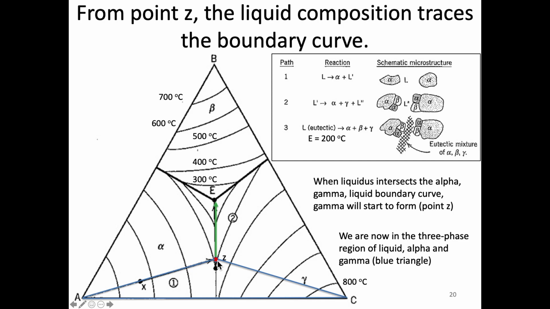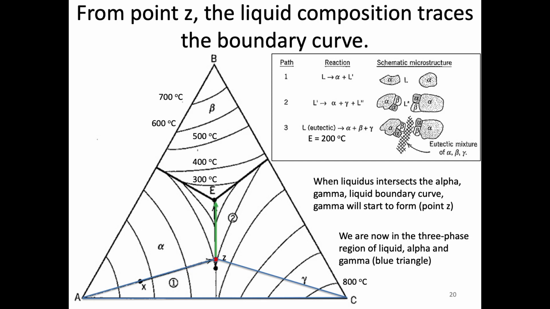Since we have liquid phase represented by Z, and then alpha, and then gamma represented by A and C. So that is basically our triangle for determining those 3 phases, starting at this point. But again, if we wanted to know it at a lower temperature than 400, then we would have to account for the changing liquid composition.